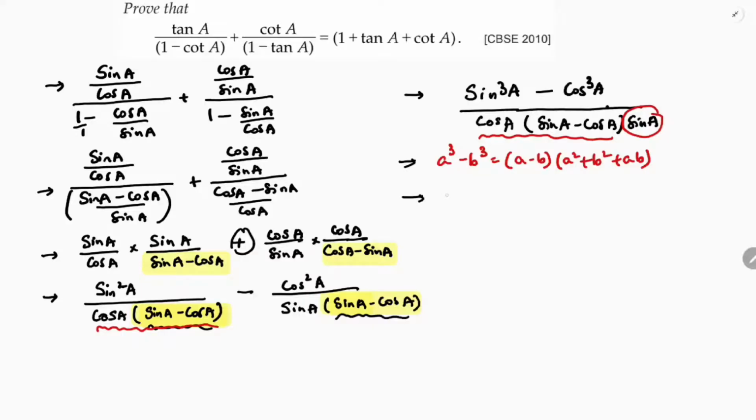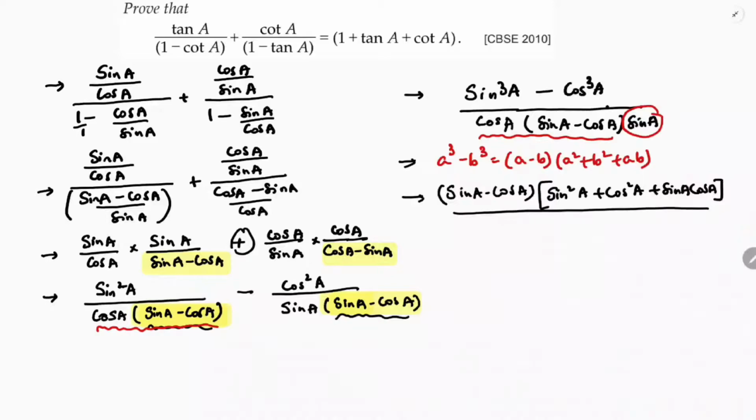So the numerator part will be sin A minus cos A into sin square A plus cos square A plus sin A cos A. Denominator as it is, which is cos A into sin A minus cos A into sin A. So here sin A minus cos A and sin A minus cos A will get cancelled.